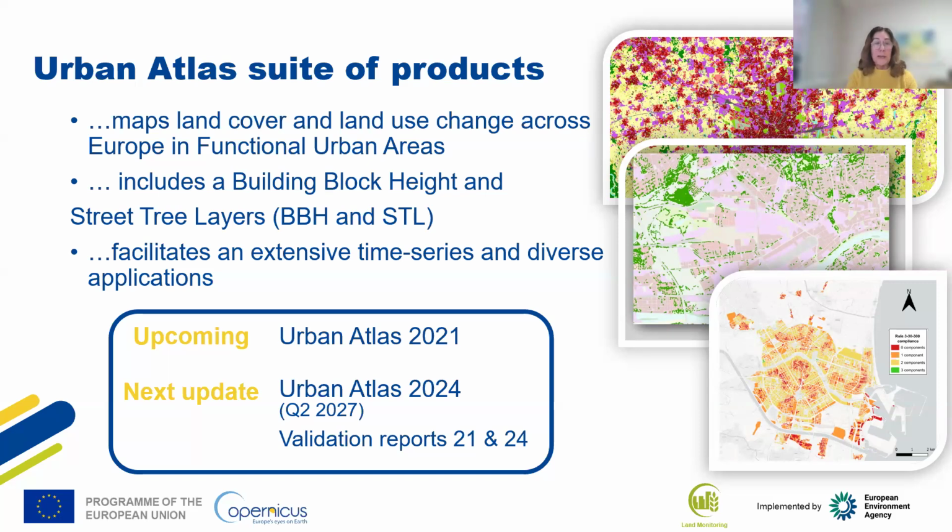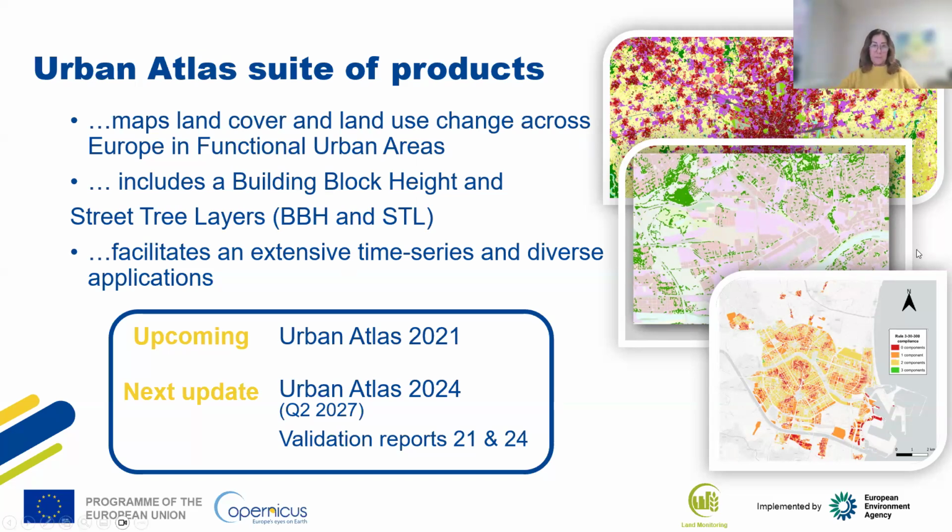And we have already received the validation of the building block height 21, and the land cover land use is on the way. We received them, we are reading them, and they are almost ready to be published soon as well, together with the data. And it will be followed by the street tree layer. And of course, we will do the same for the 2024 products.